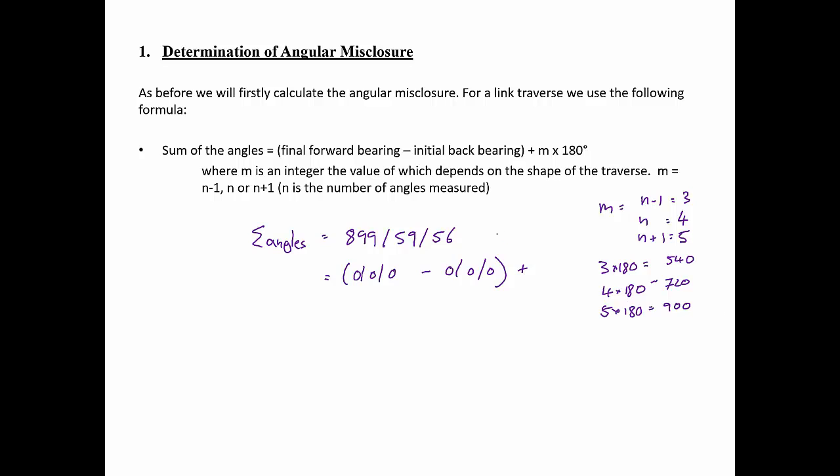Now, we can see that the sum of the angles is nearly 900 degrees. So therefore our misclosure is 899, 59, 56 minus 900 degrees. It's minus 4 seconds.